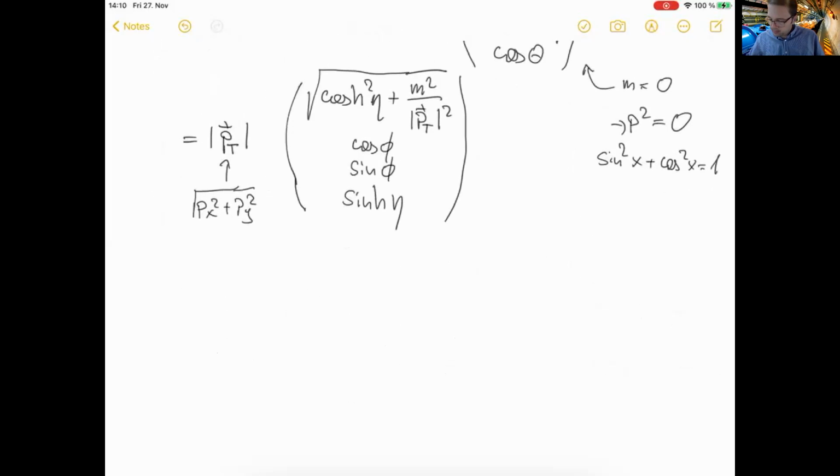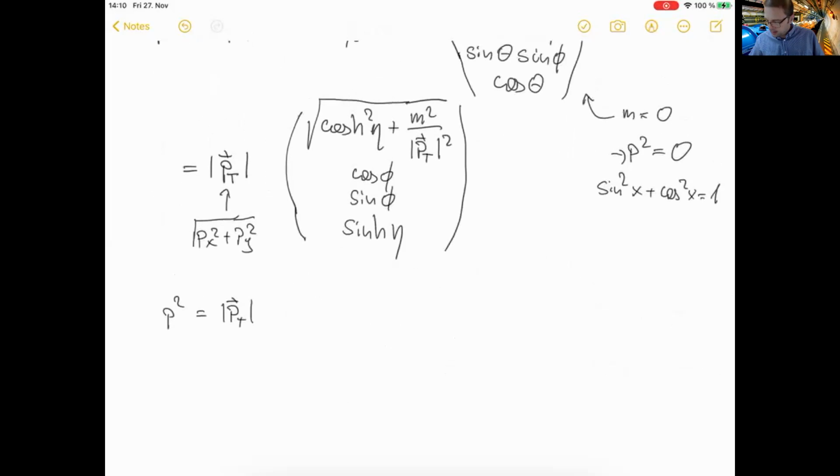Now, if you compute the p squared here, the four momentum squared, you get pt squared times m squared over pt squared, oh, something's wrong.